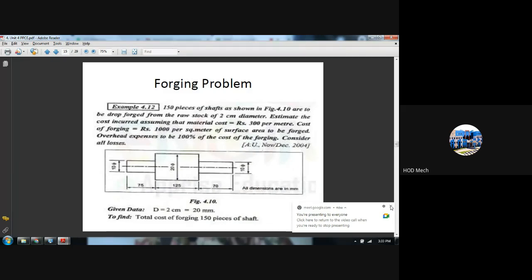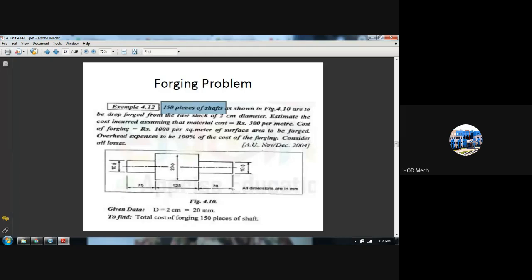So in the example, this is your second problem. There is a diagram given, and it says it is a shaft. The question says 150 pieces of shaft. So you have to manufacture 150 shafts, right?